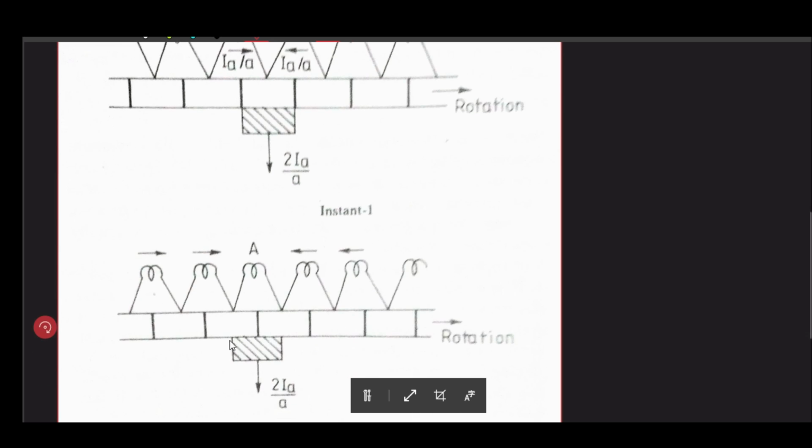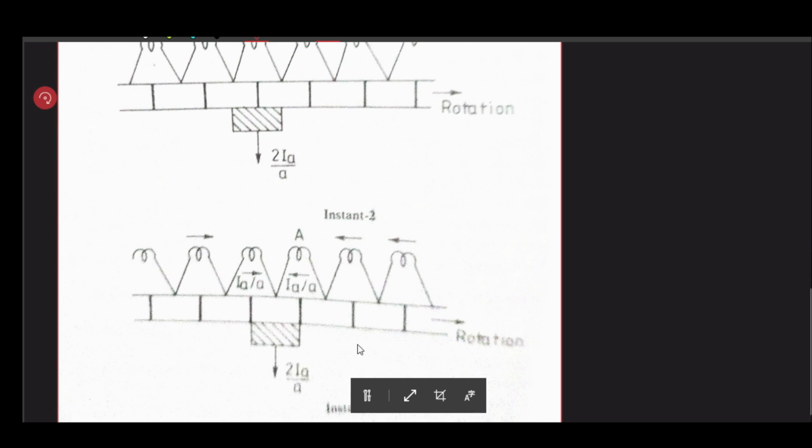Here you can see that the brush is equally placed: half the contact area of the brush is in touch with one tooth of the commutator, the other half with another tooth, and these two teeth are connected with the two ends of your coil A. What are the ends of coil A? In the first picture, they were 1 and 8, right?